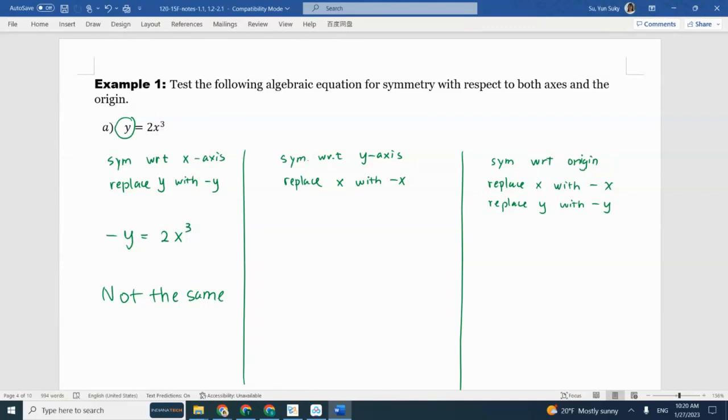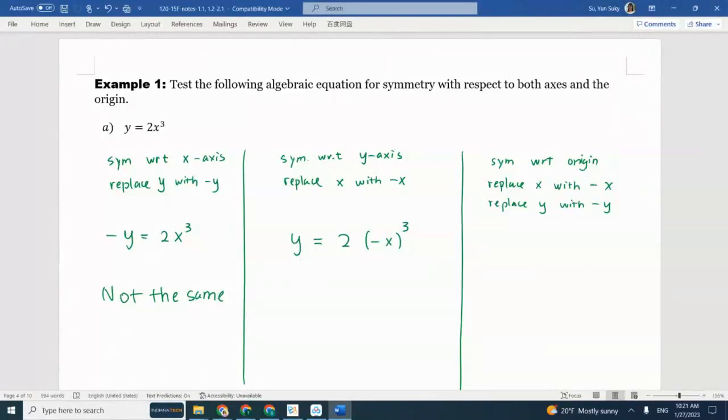Now we replace x with negative x. Okay, so left-hand side is y. Right-hand side, replace x with negative x. Everybody? We replace x with negative x. Now, are they equivalent? Can we simplify it? What's minus 1 to the cube?